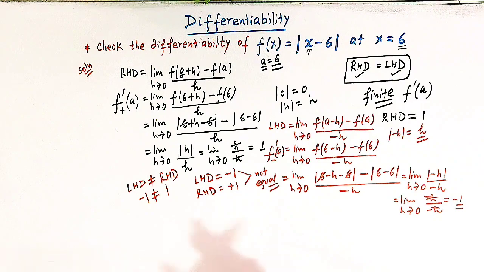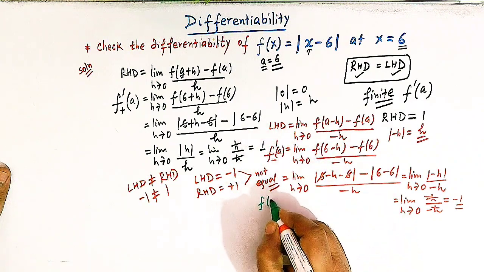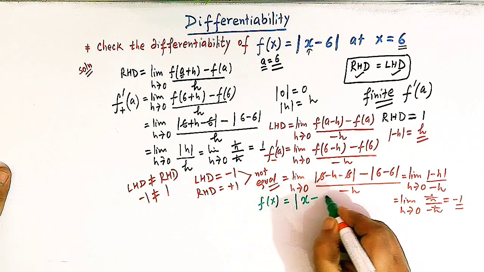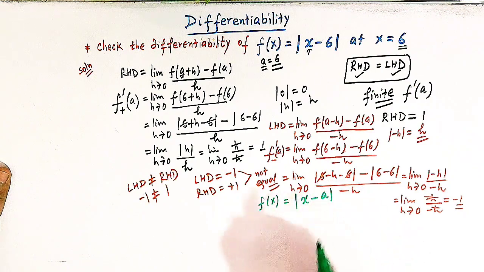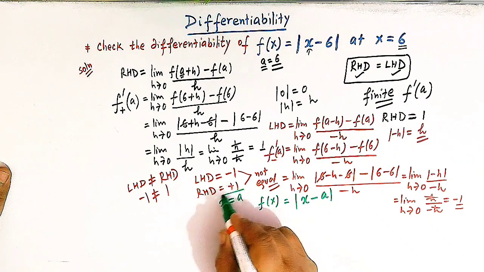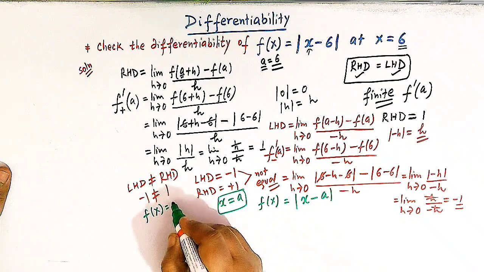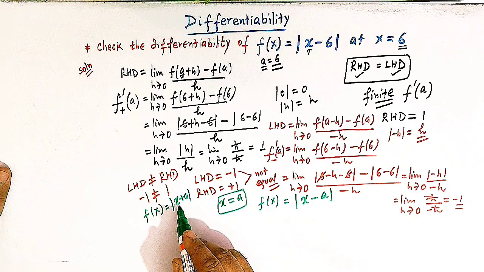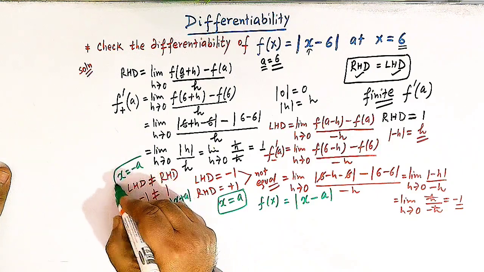So viewers, here we can make a general statement: if we have a function f of x that is mod of x minus some point, say a, then this function is not differentiable at the point x equal to a, right? And if we have a function of the form mod of x plus a, then this function is not differentiable at x equal to minus a, right?